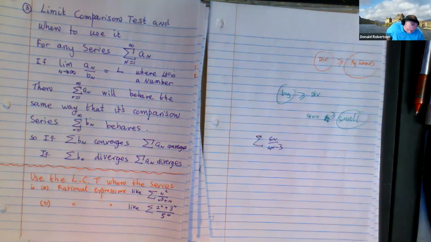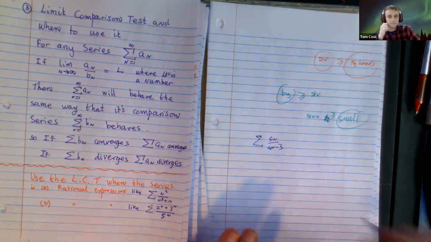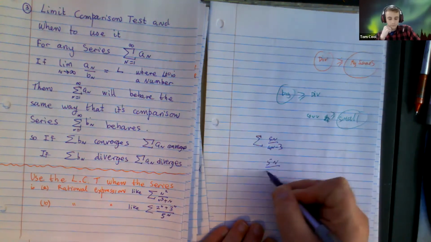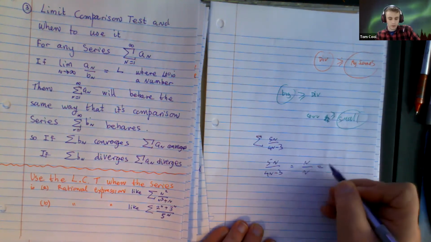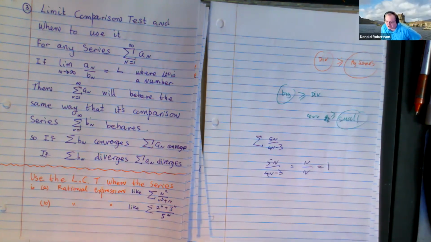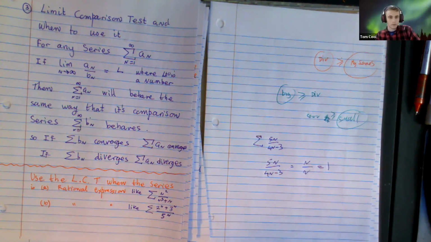Now, I'm looking at that guy and I can tell you right now, that guy's in trouble. That's going to diverge. Here's my comparison. I was looking at the problem and it behaves like the number 1. Wouldn't an infinite number of ones diverge?